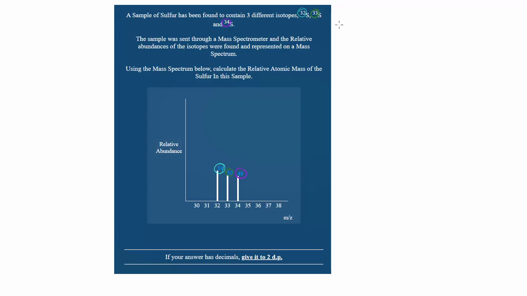First of all, looking at sulfur 32, we've got 32 times 59. Then we need to add that to the next one, sulfur 33. So we're going to do 33 multiplied by 50.